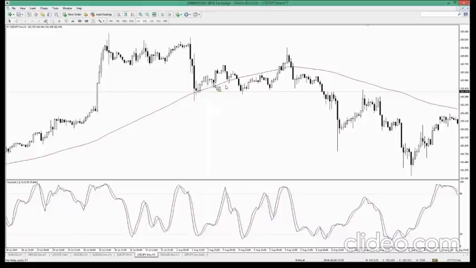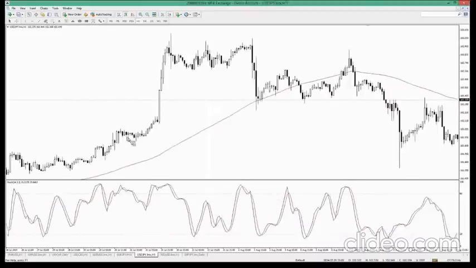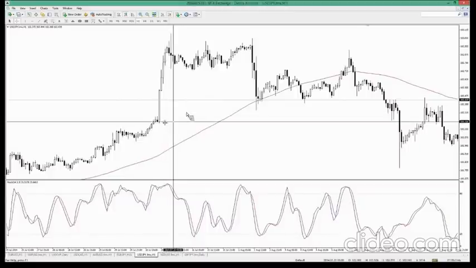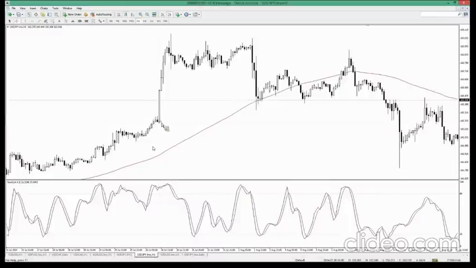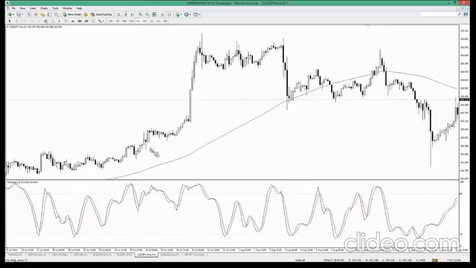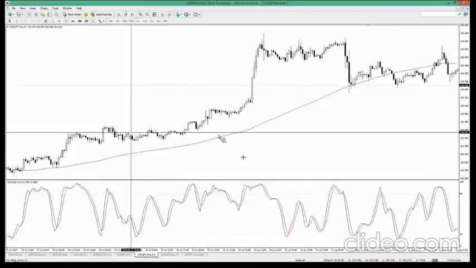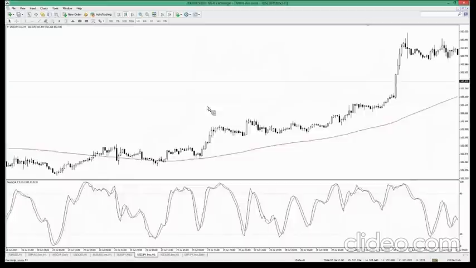Okay, that's the thing. Just throw it in, but the important thing is look to trade with the trend. Okay, if there's no trend, that's when you're going to start running into trouble.